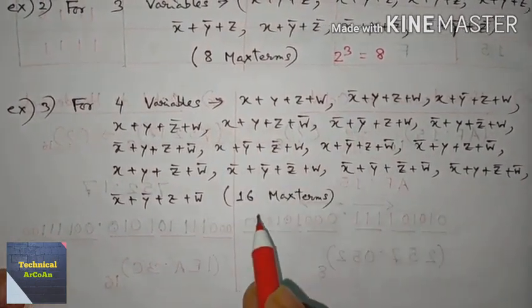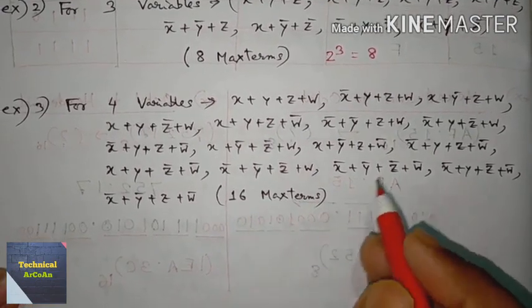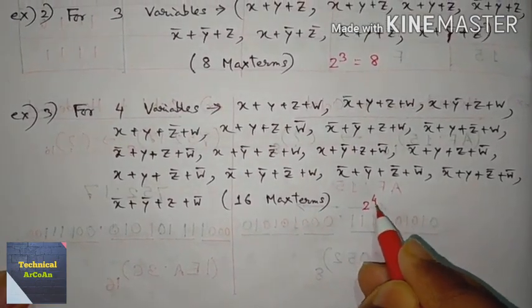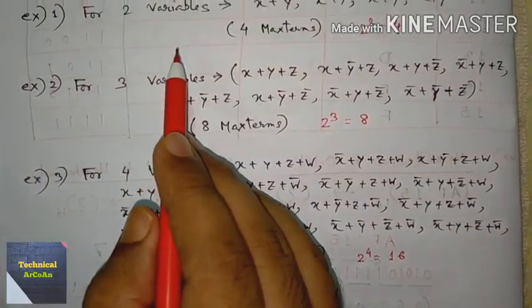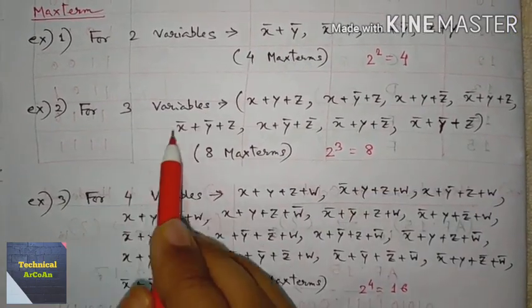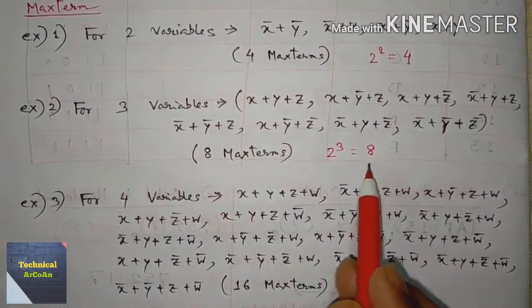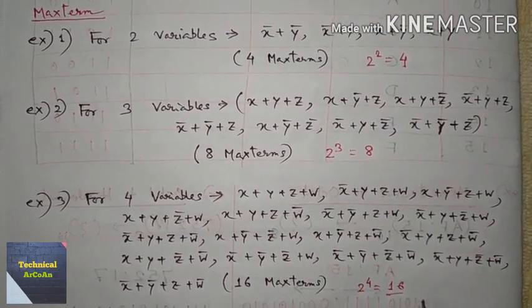And how many max terms are there for four variables? 16. Why? 2 to the power 4 will be 16. Okay, so for two variables, maximum 4 max terms, for three variables maximum 8 max terms, and for four variables maximum 16 max terms.